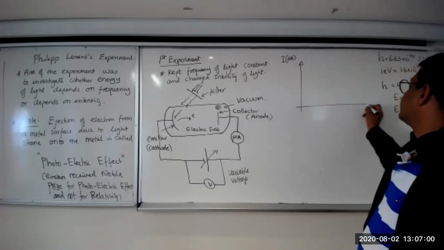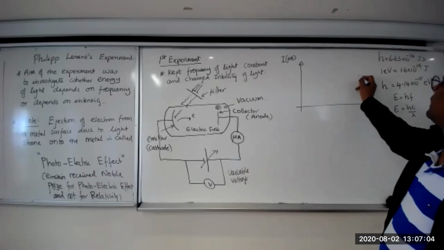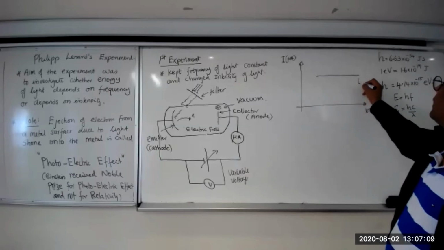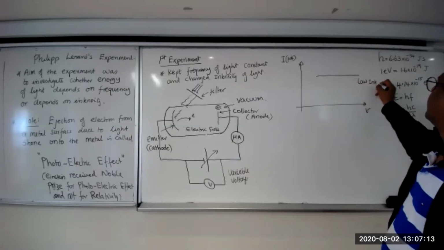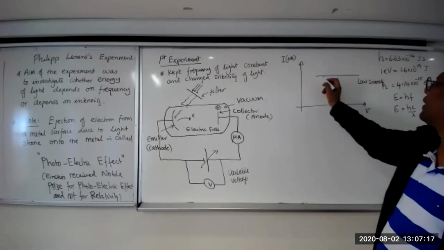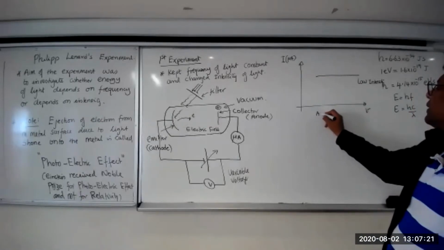And that's the voltage. This is the low intensity light, when the voltage, this is the accelerating voltage.